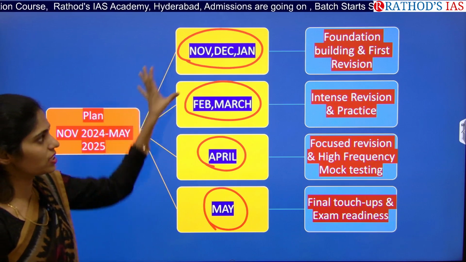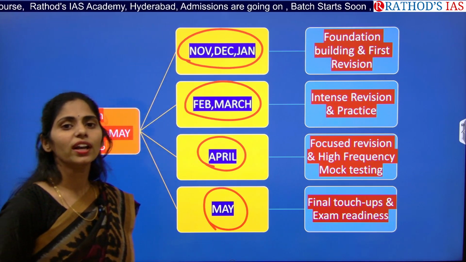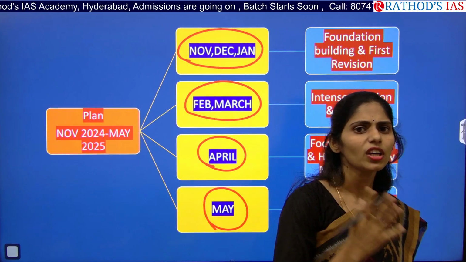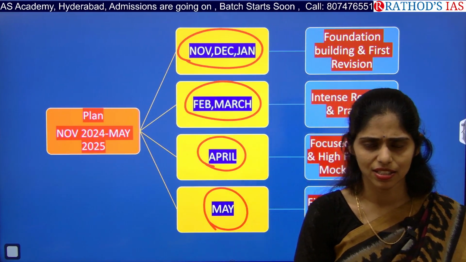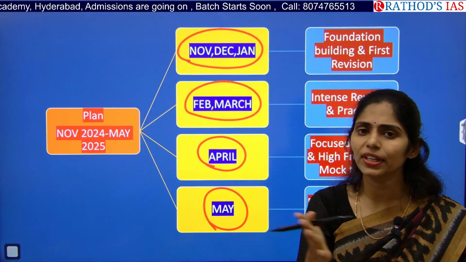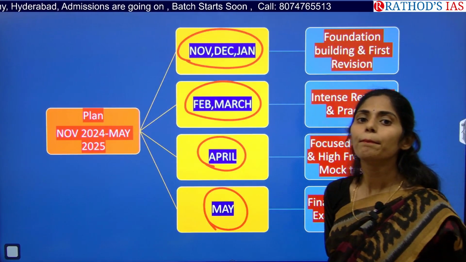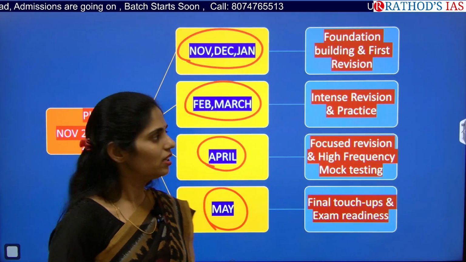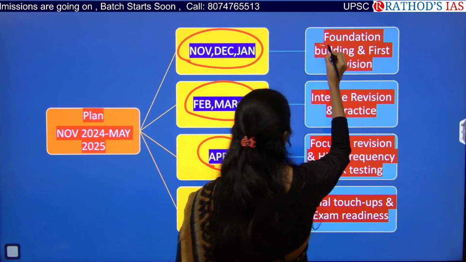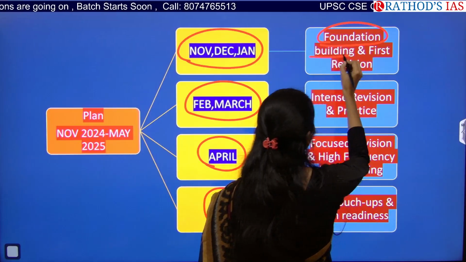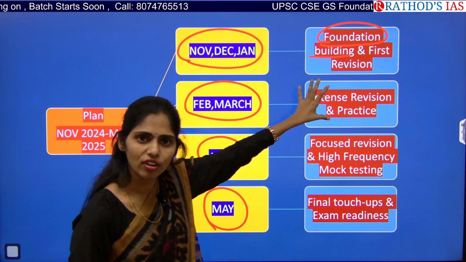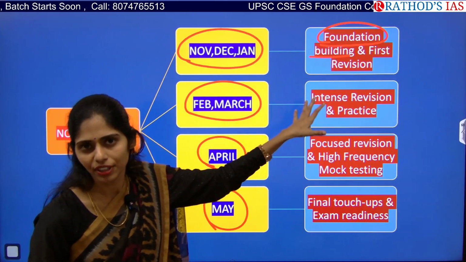In this first phase, whether you are preparing on your own, going to coaching classes, or have finished your coaching and are preparing on your own, whatever category you are in, you first have to focus on building a strong foundation. In these 3 months, focus on strong foundation building as well as first revision.